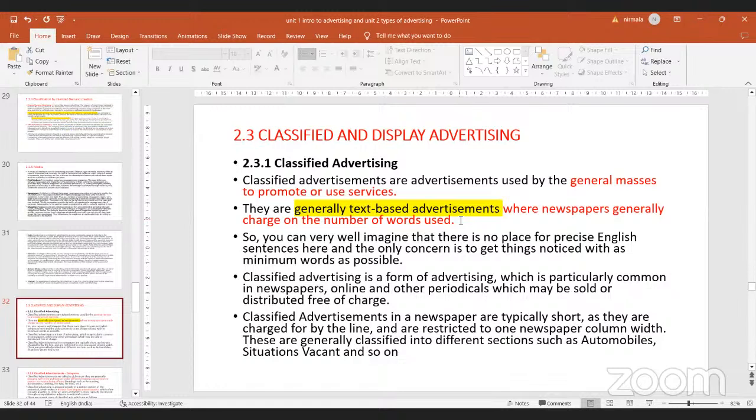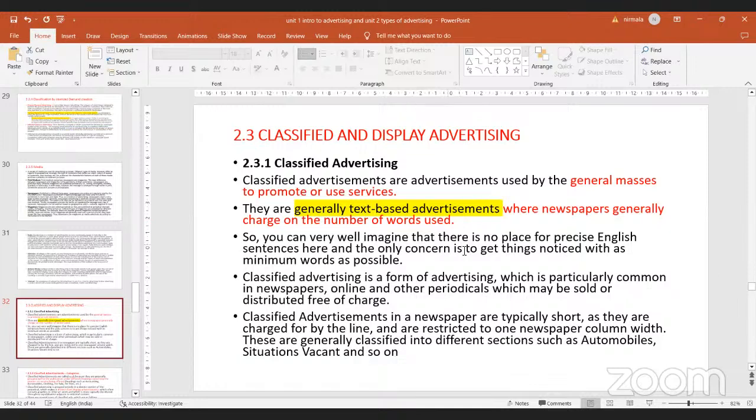Generally, the cost of this advertisement is much cheaper when you compare it with display or hoardings, or maybe television or radio advertising, etc.